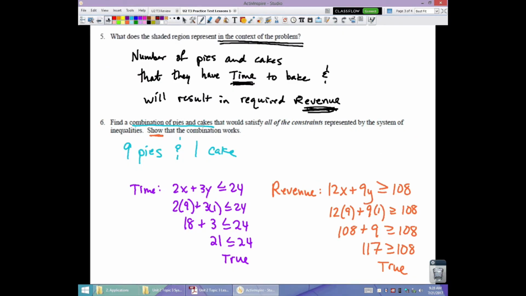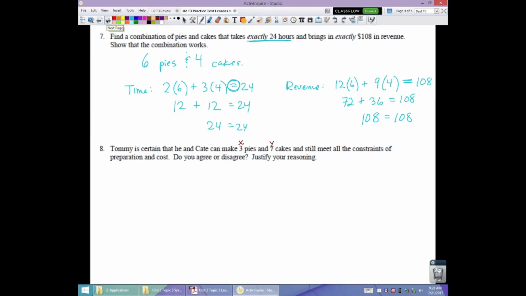Okay. Now, if you are going to decide that you do not agree, right, I disagree with Tommy, then you only have to show that there's one constraint that doesn't work. The fact that both don't work doesn't really pad your argument at all.